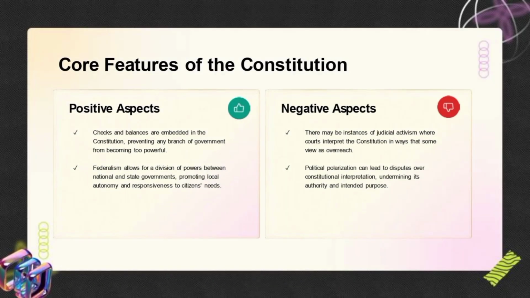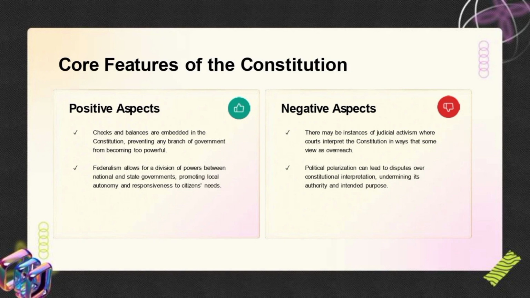Then comes a positive aspect. Checks and balances are embedded in the Constitution, preventing any branch of government from becoming too powerful. Federalism allows for a division of powers between national and state governments, promoting local autonomy and responsiveness to citizens' needs.